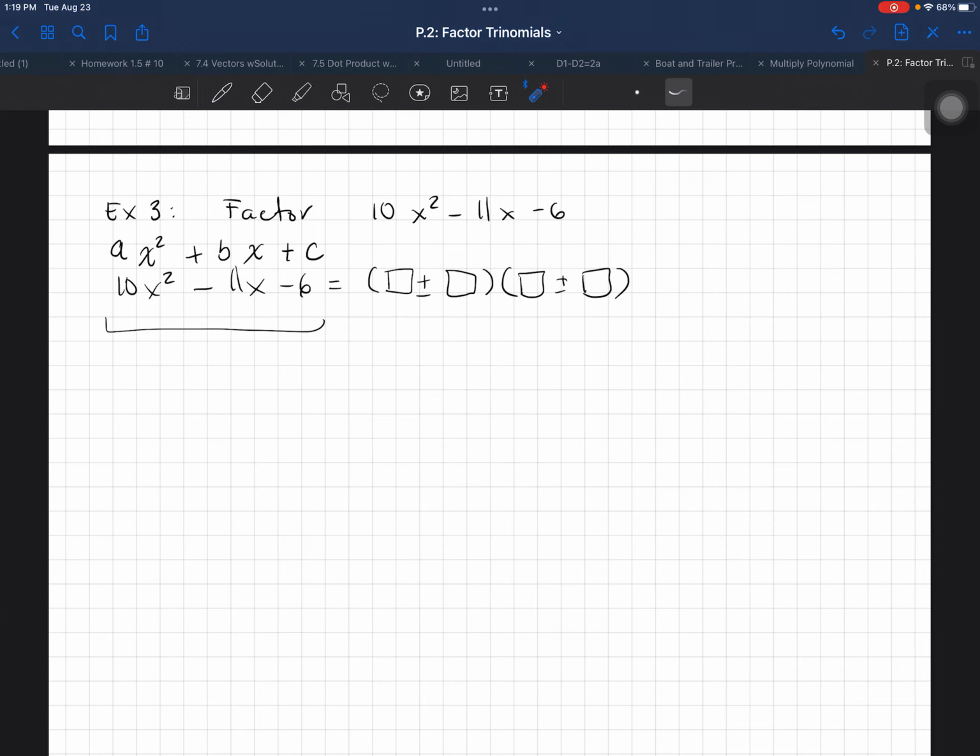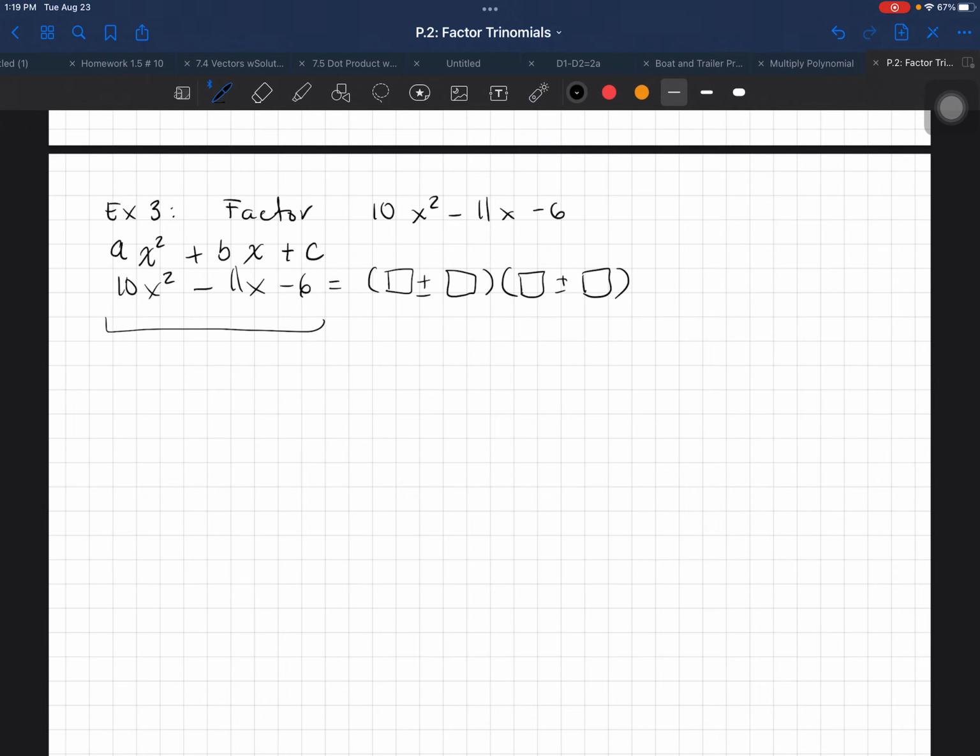So in this case, A is 10. B is negative 11, because if you compare x with the x, this needs to be the same. And then in this case, the C will be minus 6, right? So that's where the AC method is, where we get these numbers.